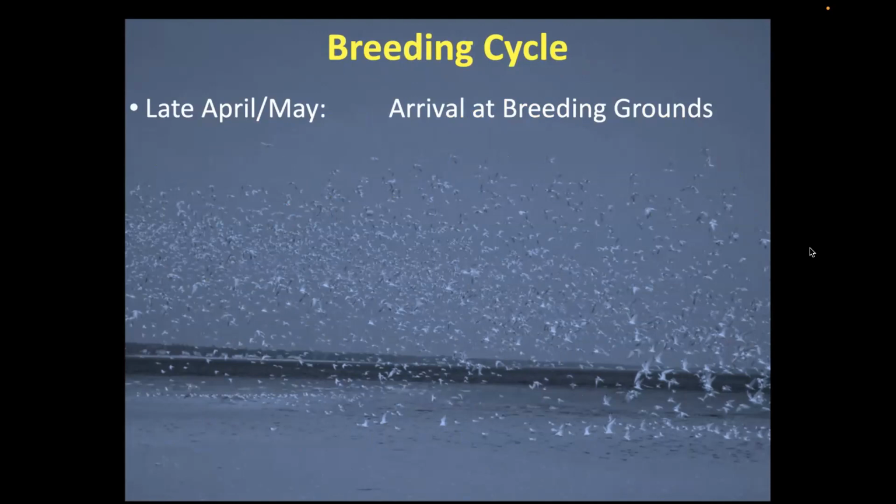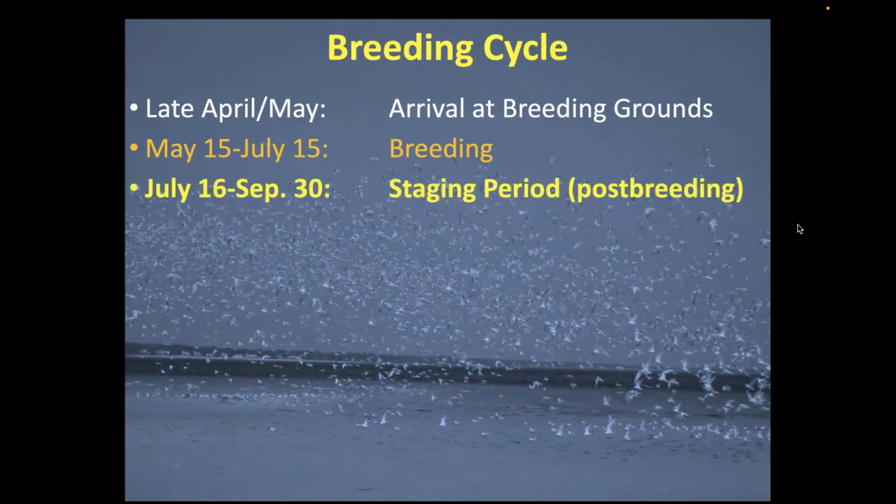So, a quick review of the breeding cycle here. Late April to May is when they first start getting back to the breeding grounds up in our area. About May 15th to July 15th is the nesting period. From mid-July to the end of September is the staging period, or the post-breeding period for birds that we're breeding. Then in October through November, that's basically fall migration.